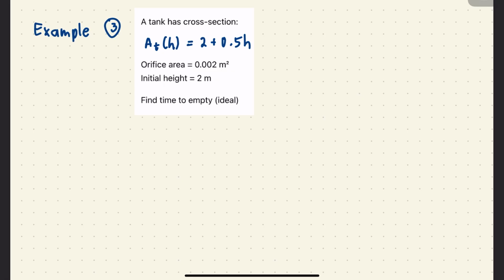Okay. We start with our mass balance equation wherein you have your A sub t of h times dh over dt is equal to negative A sub o square root of 2g h. Take note of your function of A sub t of h.